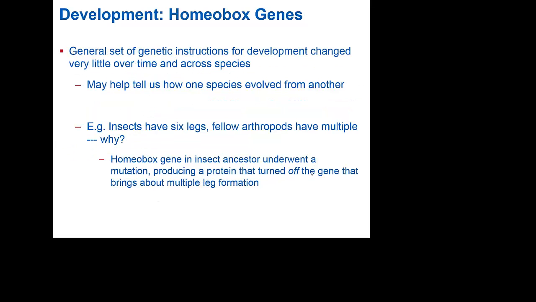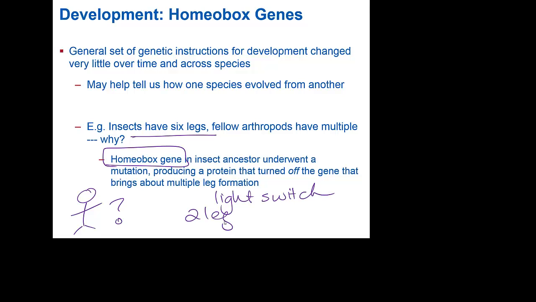So we start to look at why then do some insects have 6 legs, other arthropods and so on. Why do you have 2 legs? Okay. Why do spiders have 8? Right? Why do giraffes have 4? Why does this occur? It all has to do with that homeobox gene, and essentially it's going to act like a light switch. If I want 2 legs, I turn it on once.